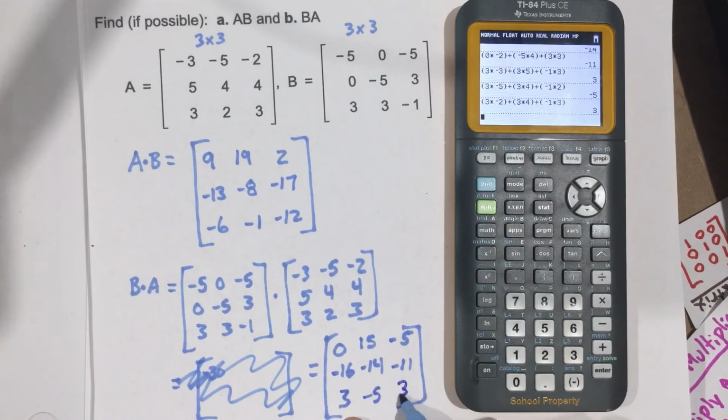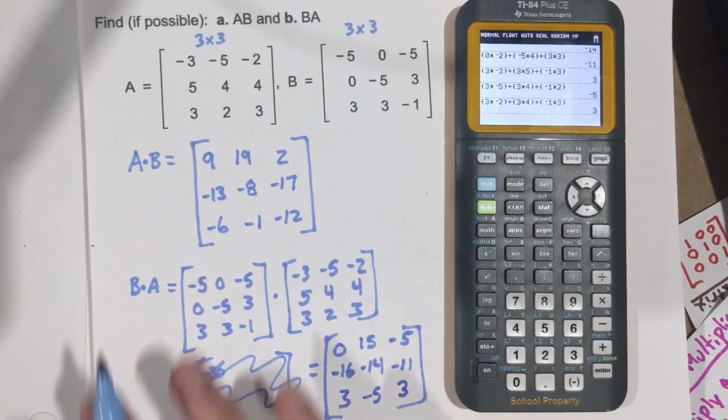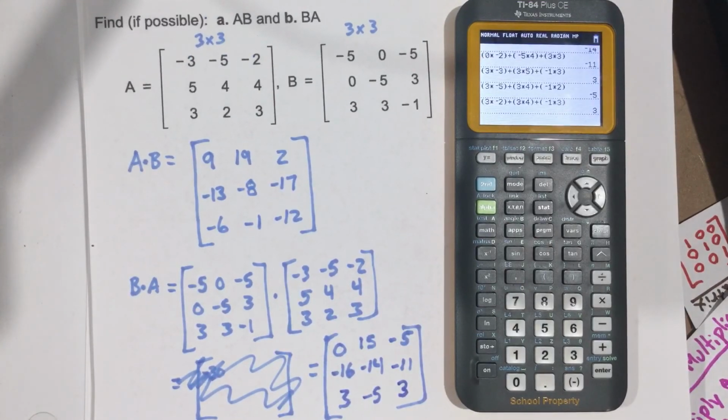And 3 is the last part. So that's multiplying a 3 by 3 by a 3 by 3. It takes a little bit of time, but the calculator can definitely speed this up and save you some handwriting. So hopefully that makes sense.